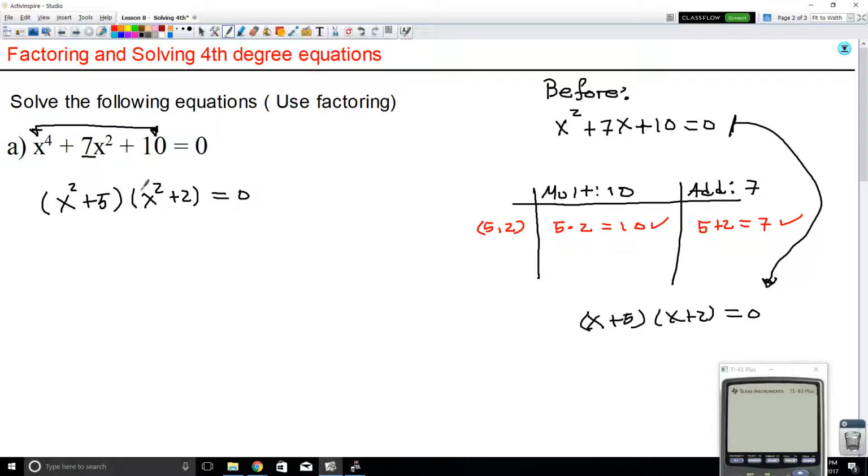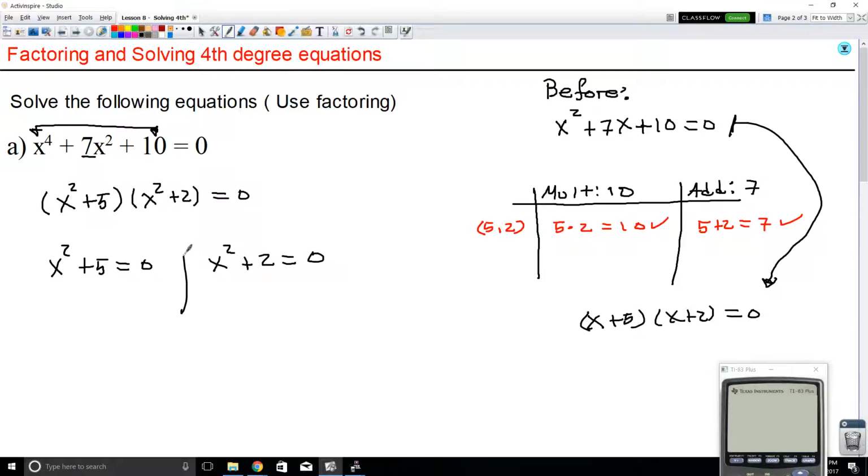Okay, so right here, what we have is the following. Now we're going to set each expression equal to 0. So we get x squared plus 5 equal to 0, and x squared plus 2 equal to 0.